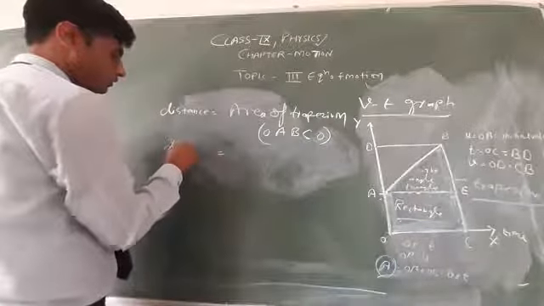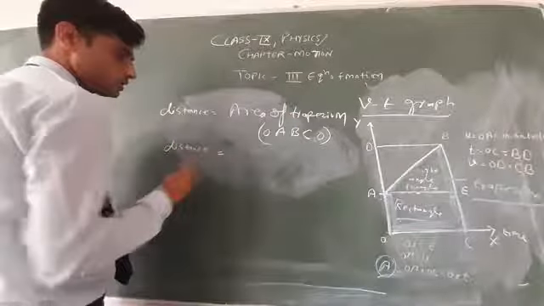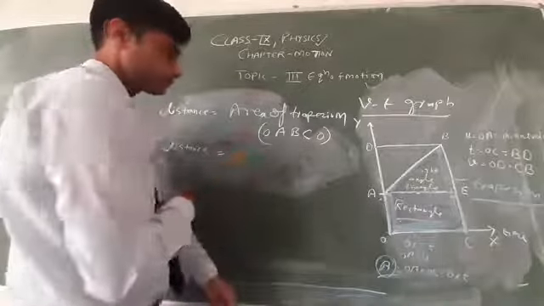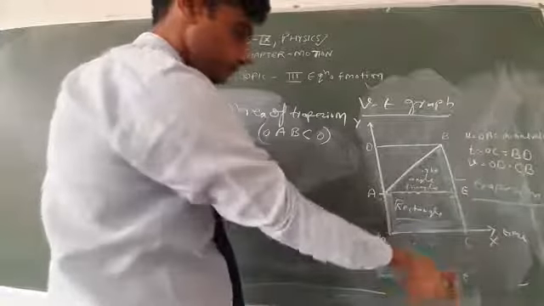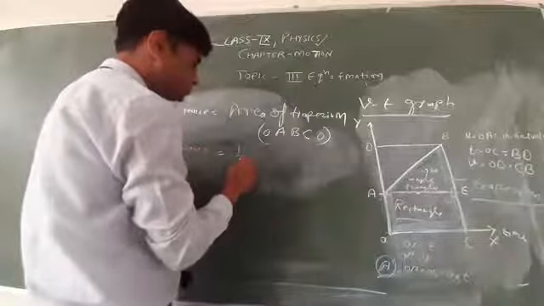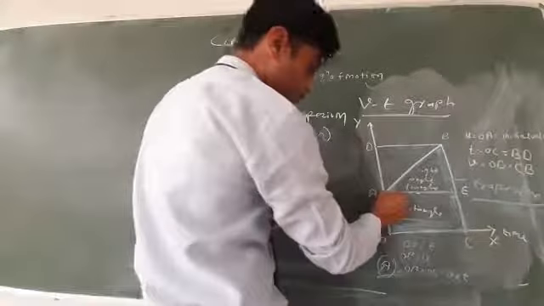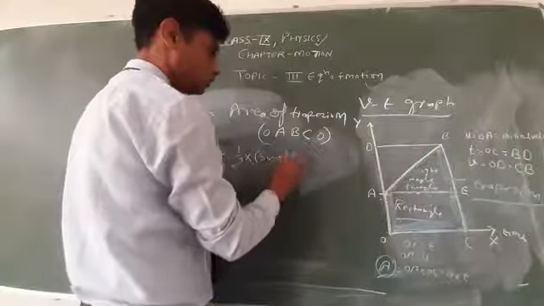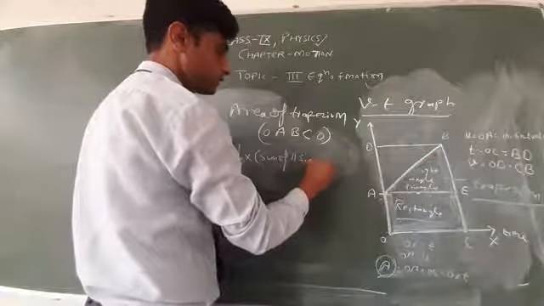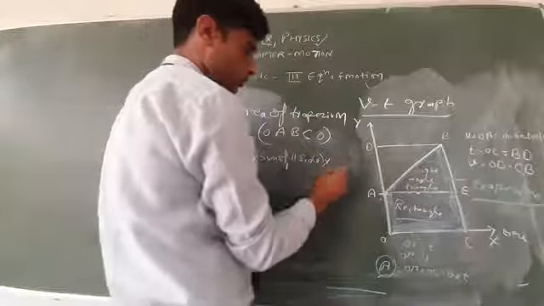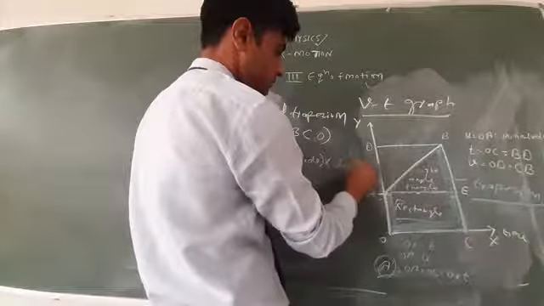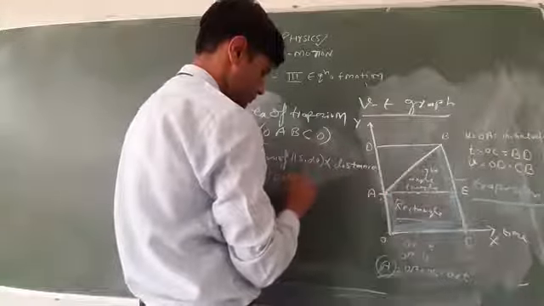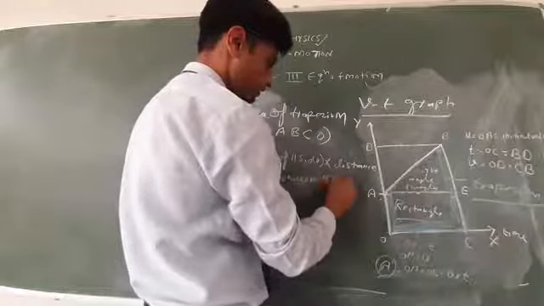As you know, the area of a trapezium is equal to one upon two, the sum of parallel sides, into the distance between the parallel sides.